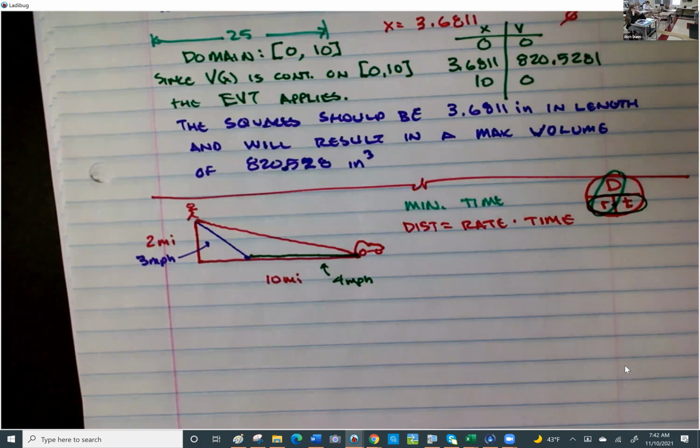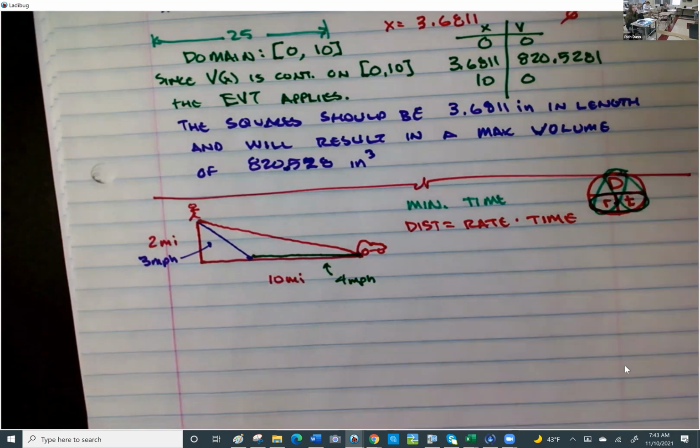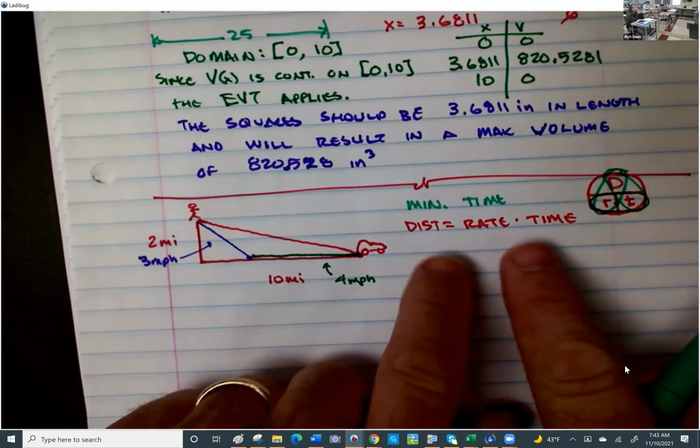Just like, hey, guess what? If I traveled 400 miles and it took me 8 hours, how would I find my rate? 400 divided by the time, distance divided by time gives me the rate, right? So it's all based upon this one here, okay?